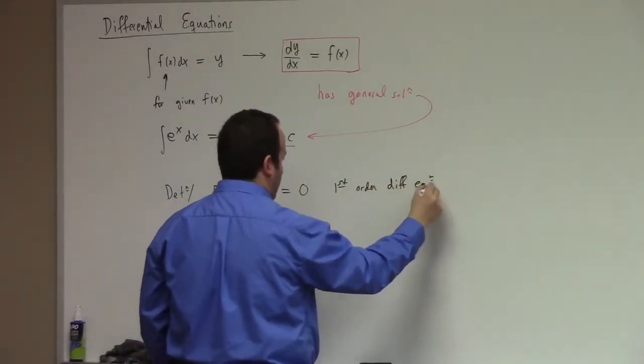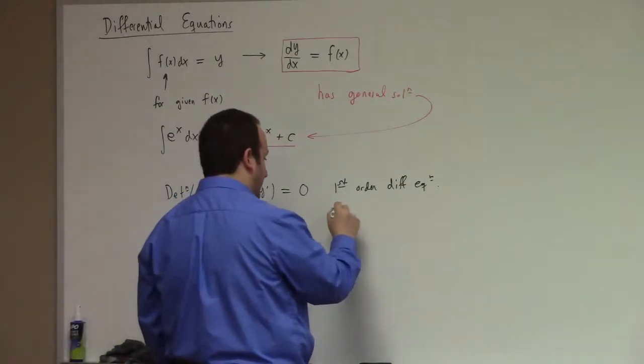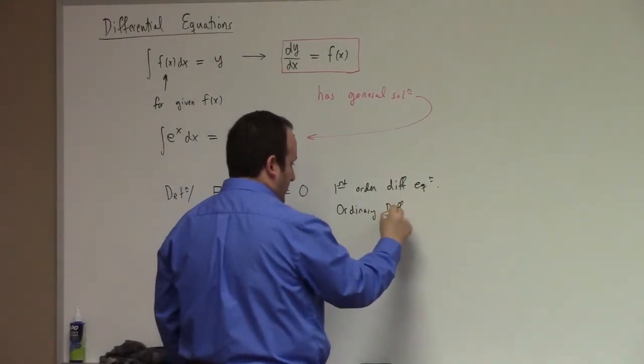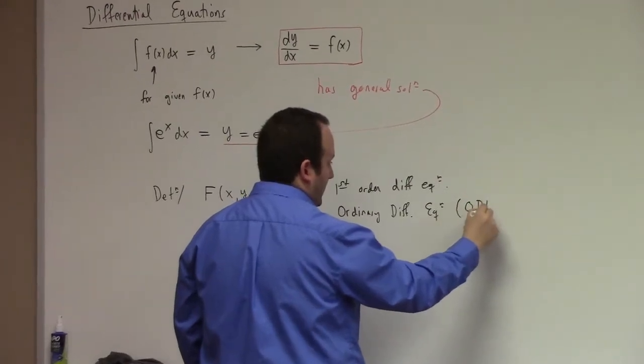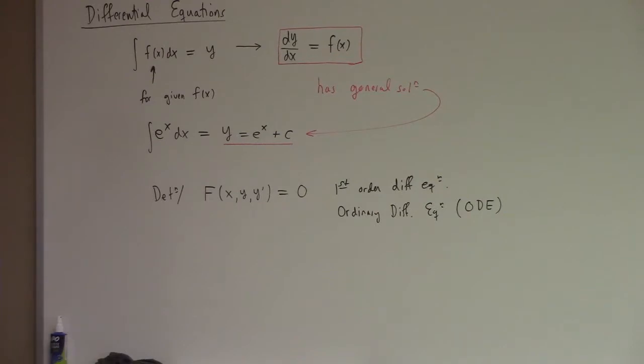It's also called an ordinary differential equation, or for short, you'll hear people say this, an ODE. The reason that this is an ODE is there's just one independent variable.